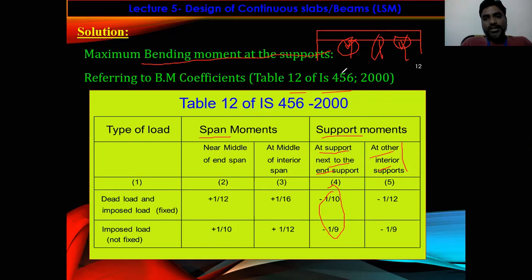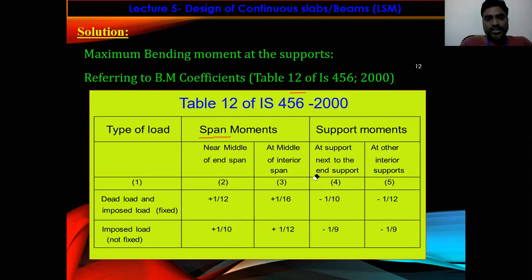One method is to calculate the bending moment at the support next to the end support by using these coefficients, and calculate the bending moment at other interior supports by using these coefficients, and compare these two. Whichever gives the maximum, that is the maximum bending moment at support. That is one method, right?